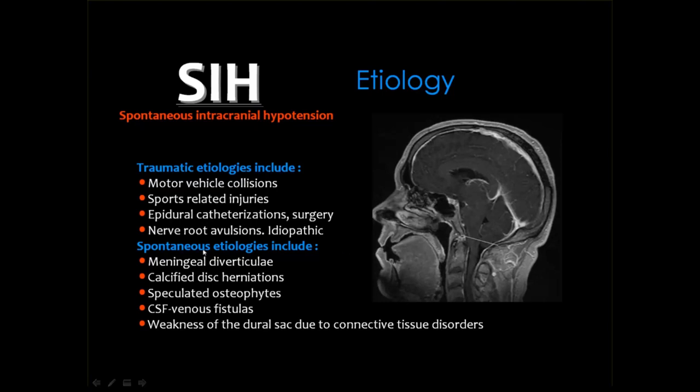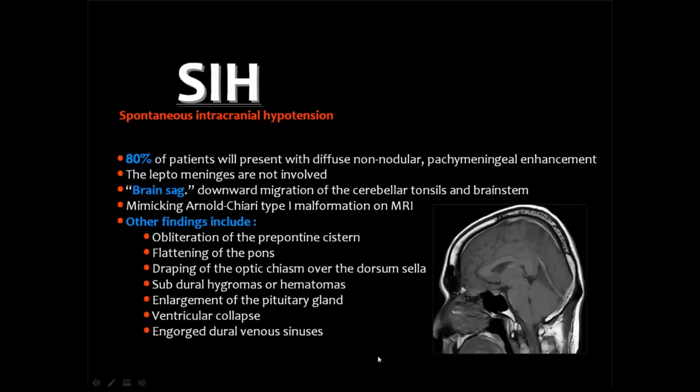Then some spontaneous etiologies, like meningeal diverticula, which accumulate CSF leading to decreased pressure, calcified disc herniation, which injures the dura leading to CSF leak, spiculated osteophytes, the same mechanism, CSF-venous fistula, leakage of the CSF into the venous side, then weakness of the dural sac due to connective tissue disorders, which may lead to dural ectasia and consequent decrease in the CSF pressure.